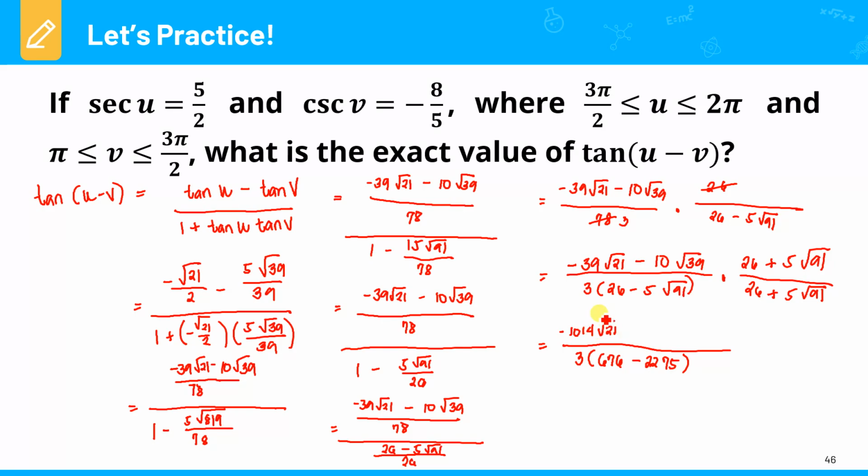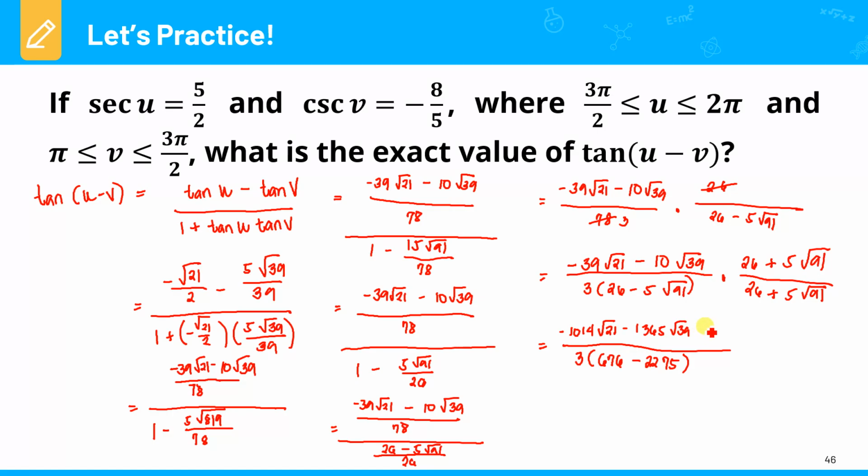Then negative 39 square root of 21 times 5 square root of 91. That's negative 195 square root of 1911, which is 7 square root of 39. So you have 1365 square root of 39.